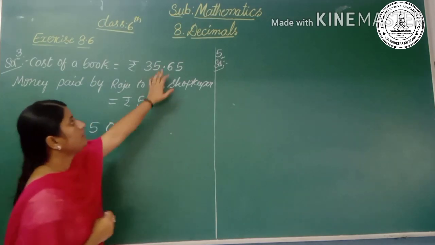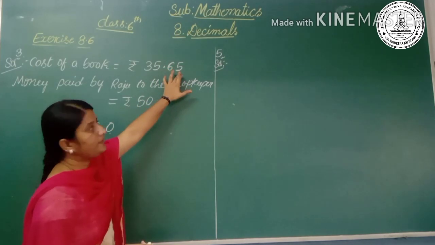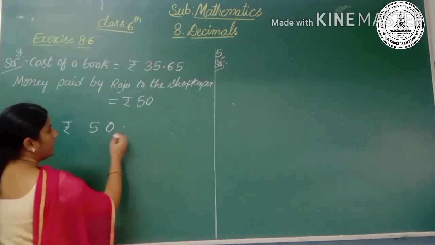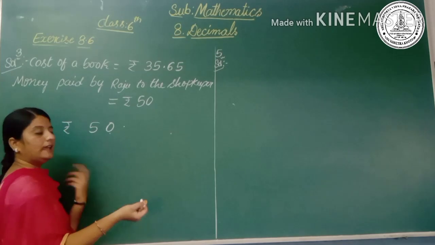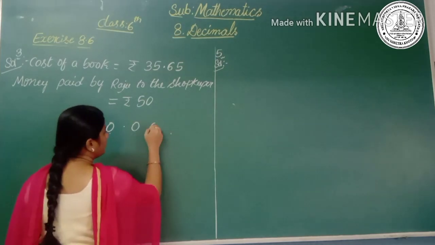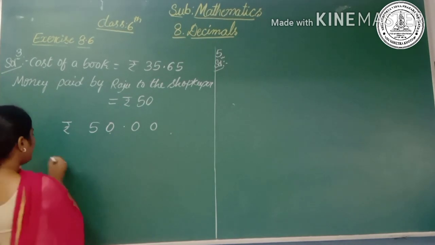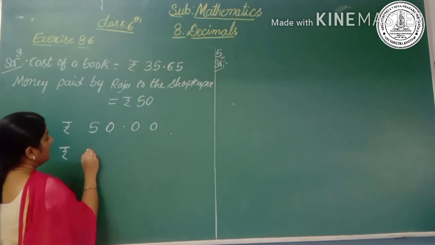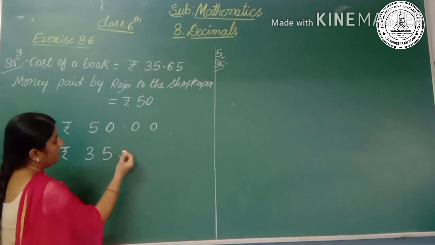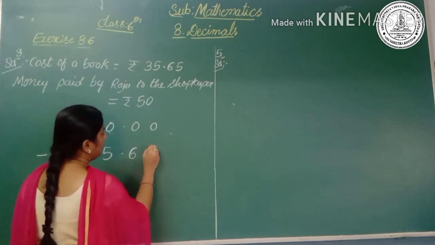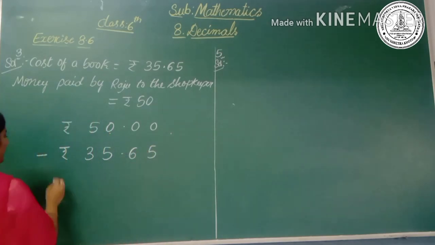Here there are two decimal places, that is tenths and hundredths, so we have to write 50 as a like decimal by adding 0 to the tenths and hundredths places. Then subtract here, minus 35 rupees 65 paise.